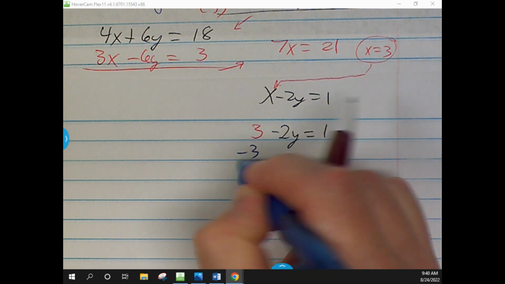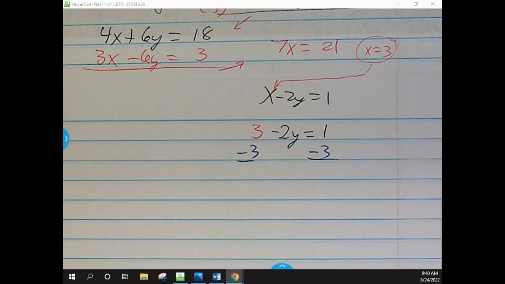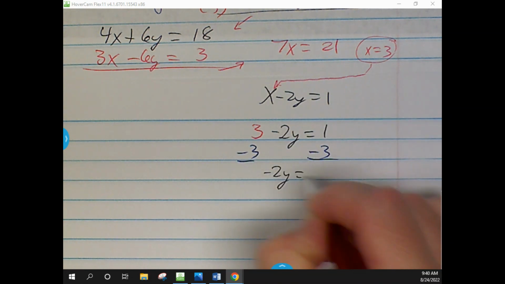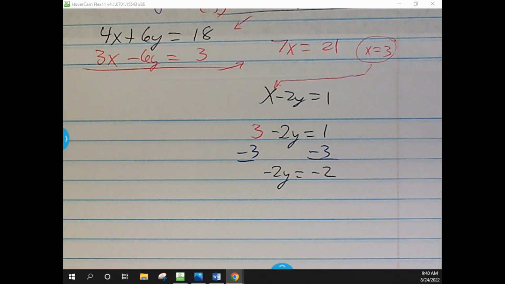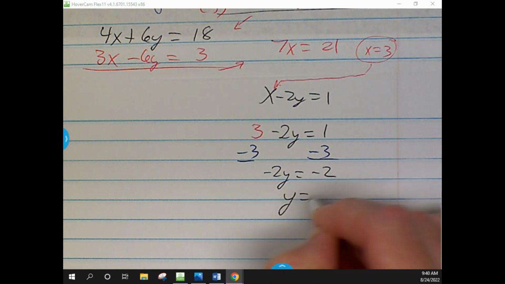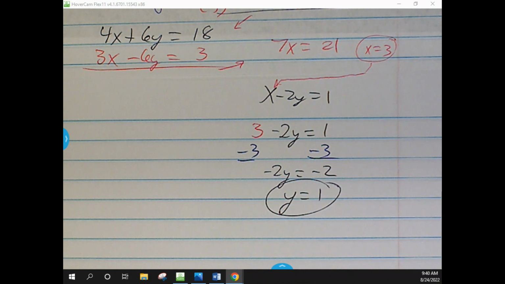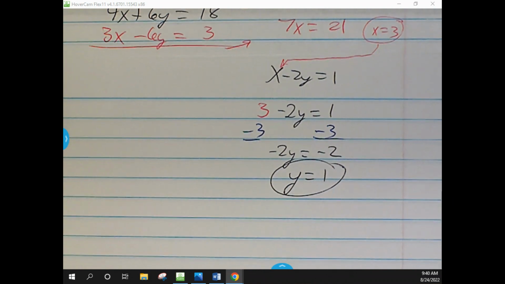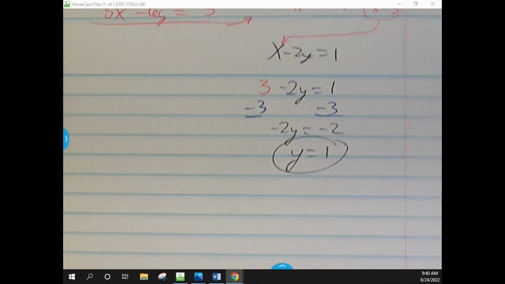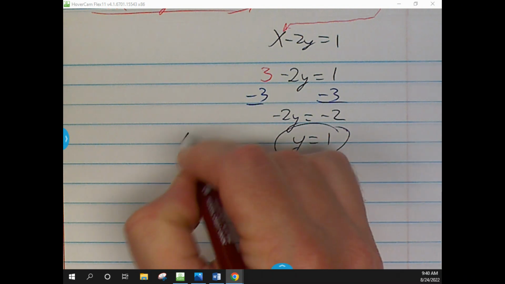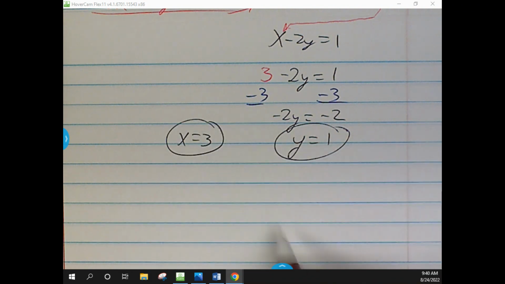So then we'll subtract 3. Divide those two, so then we get y equals 1. Okay, so we knew that x was equal to 3. We've got the y is equal to 1.